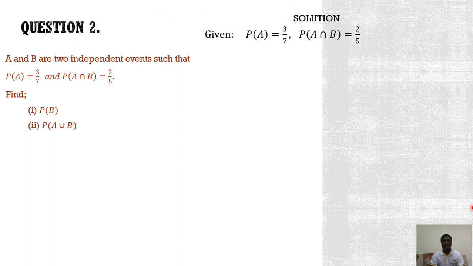Now in the question, we were given probability of A equal to 3/7 and probability of A intersection B is equal to 2/5.